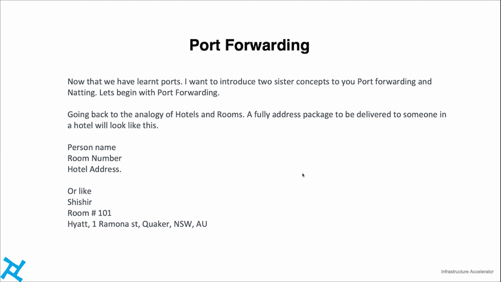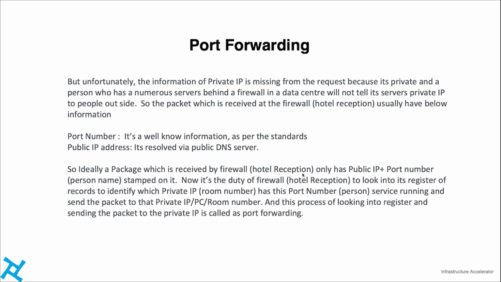Like for me, it could be Shashir, room 101, Hayat, Ramona Street, Quakers Hill, NSW, AU. But unfortunately, the information of the private IP is missing from the request because it's private. So a person who has a lot of servers running behind a firewall in a data center will not tell its servers' private IPs to people outside.